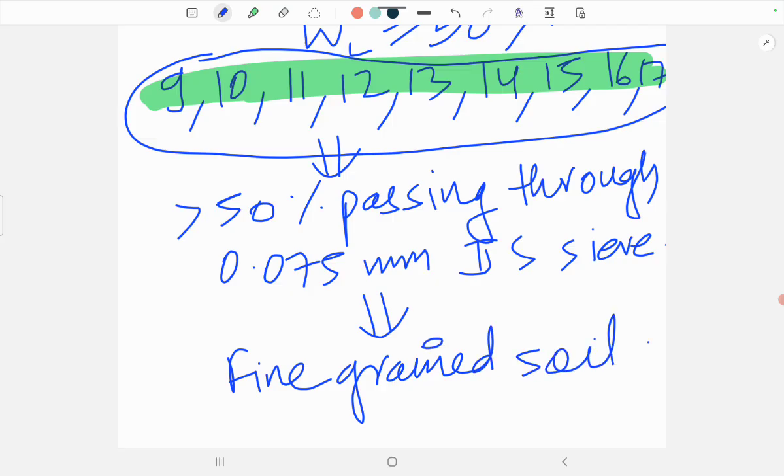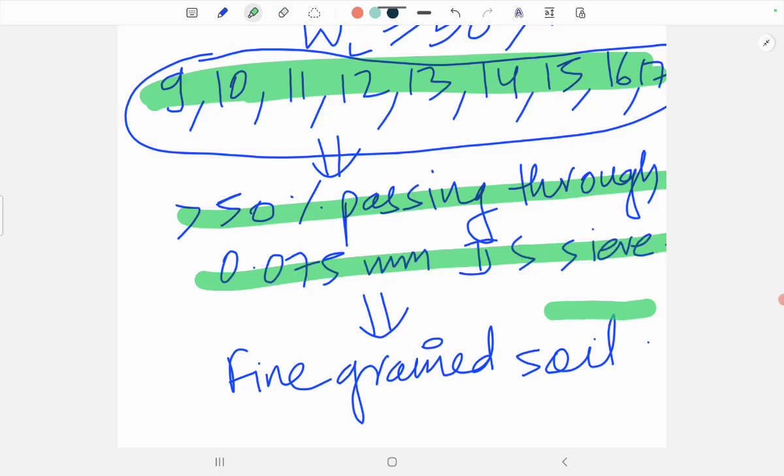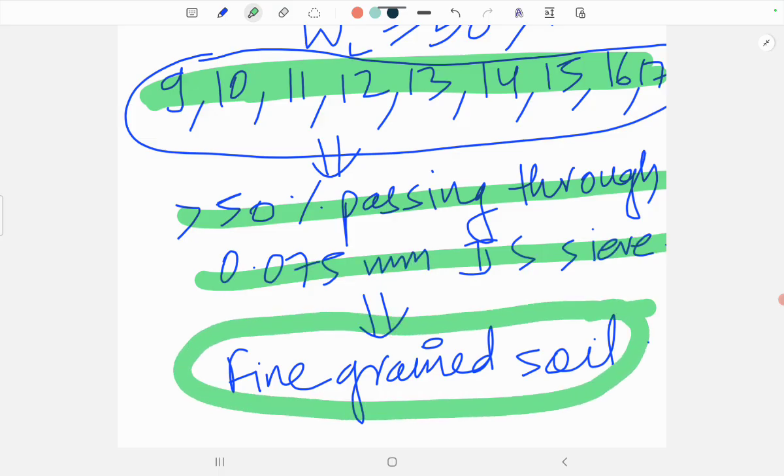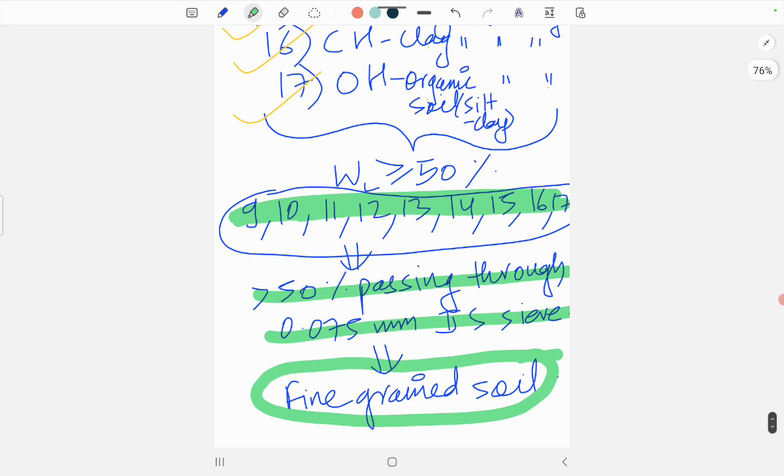So if greater than 50 percentage passes through the 0.075 IS sieve, it turns out to be fine grain soil. So all these from 9 to 17 are fine grain soil.